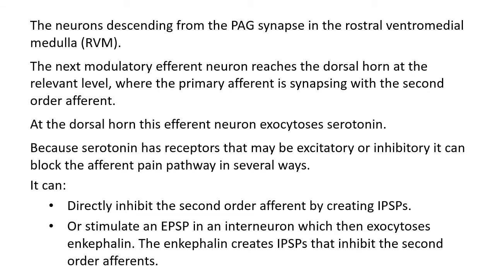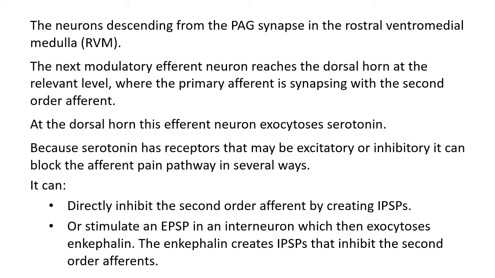So when exocytosed by the final modulatory neuron, serotonin can directly inhibit the ascending second-order afferent by creating IPSPs in that second-order afferent. Or it can create an EPSP in an inhibitory interneuron, which then creates an IPSP in the second-order afferent, a bit like the inhibitory interneuron of gate control.